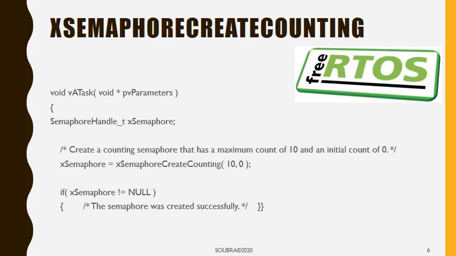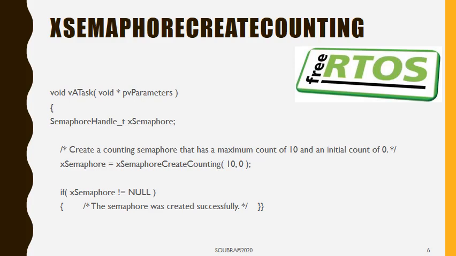What is a handle? It can be seen as an ID from the OS point of view. So a handle for my semaphore, I'm calling it semaphore. We good. This is where I defined my semaphore. Now I need to create it. And here we can see that I'm attempting to create a counting semaphore, fair enough, with the maximum count of 10 and an initial value of 0.